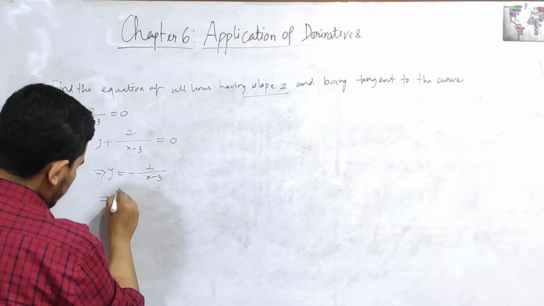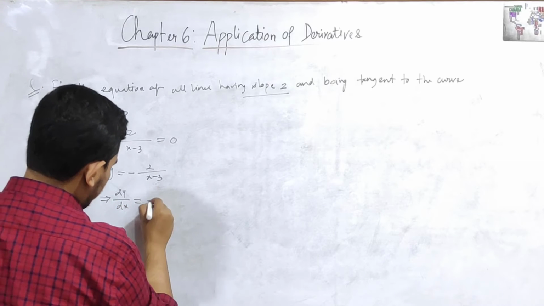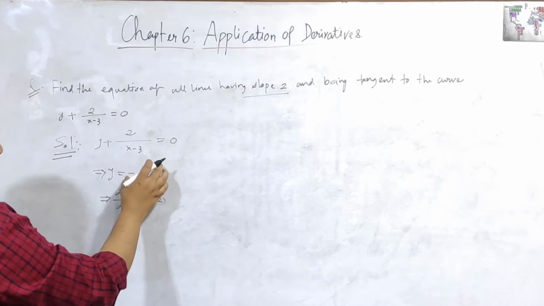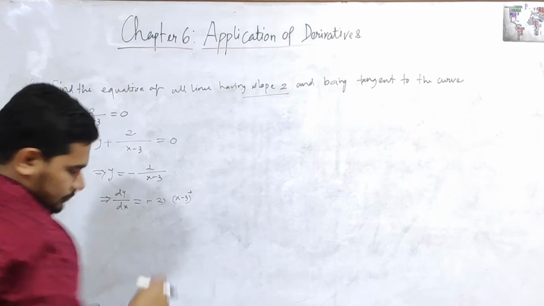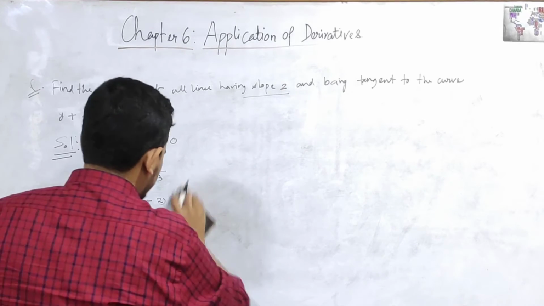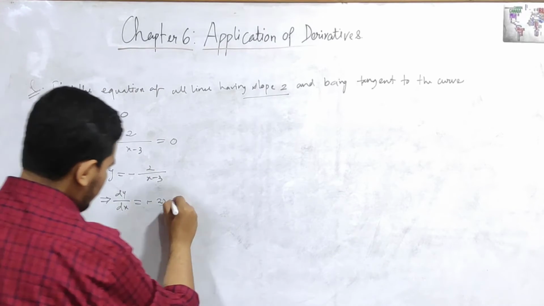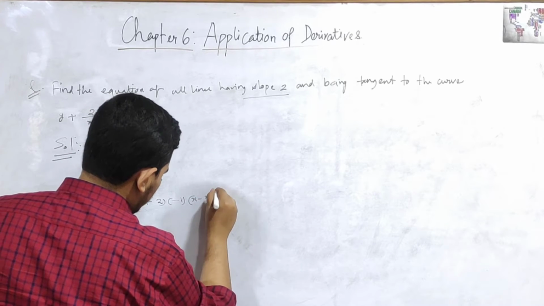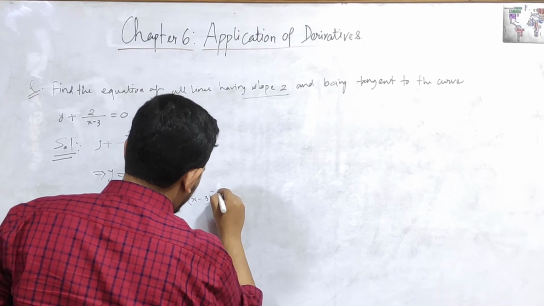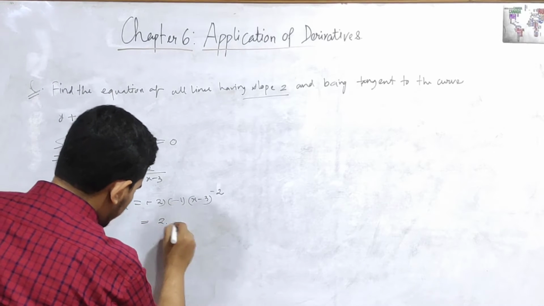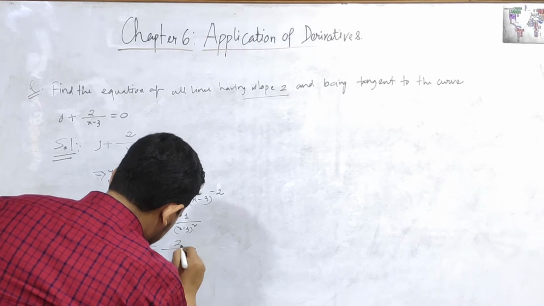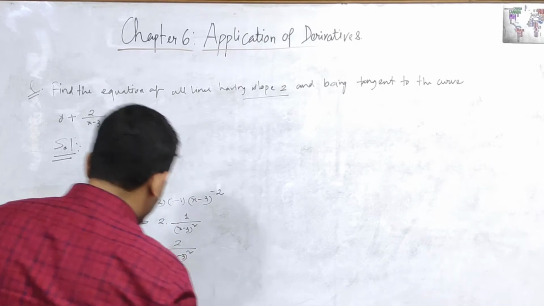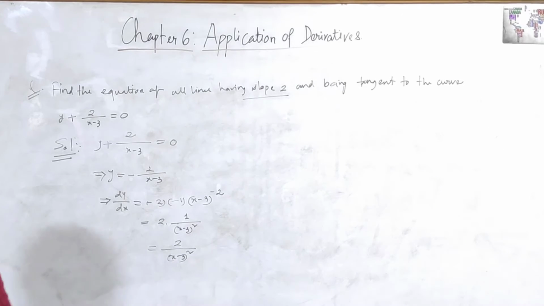Now when I take the derivative, as minus 2 is a constant, I will write minus 1 times x minus 3 to the power minus 2. After simplifying, I get 2 by x minus 3 whole square. So basically this is the slope of the curve.